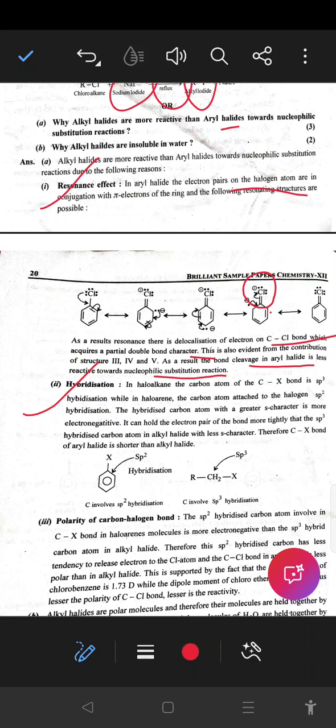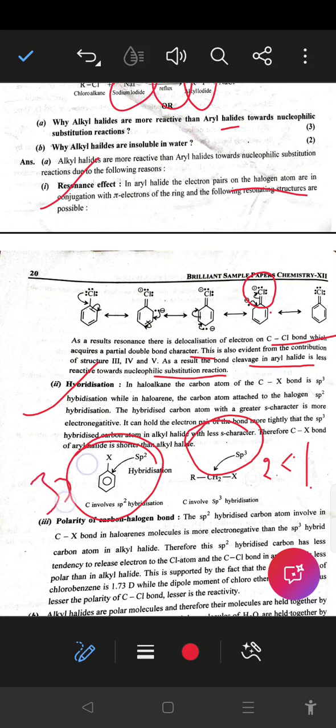In haloalkanes, the carbon atom of the C-X bond is sp3 hybridized, in which the s character is 25%. In haloarenes the C-X bond carbon is sp2, with 33% s character.